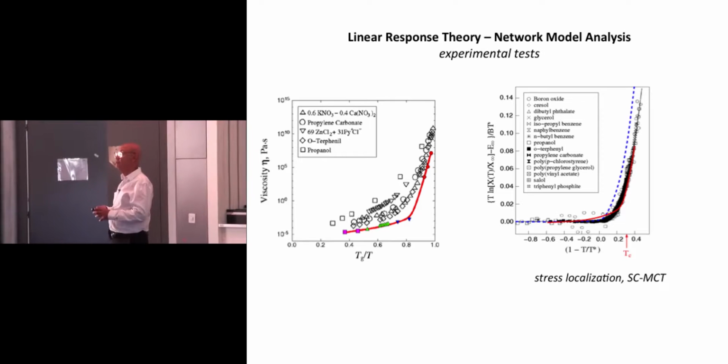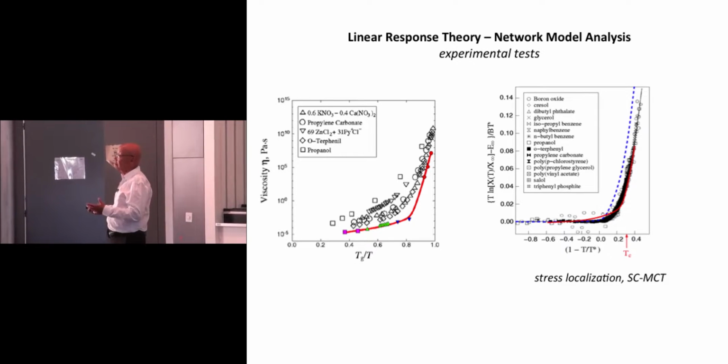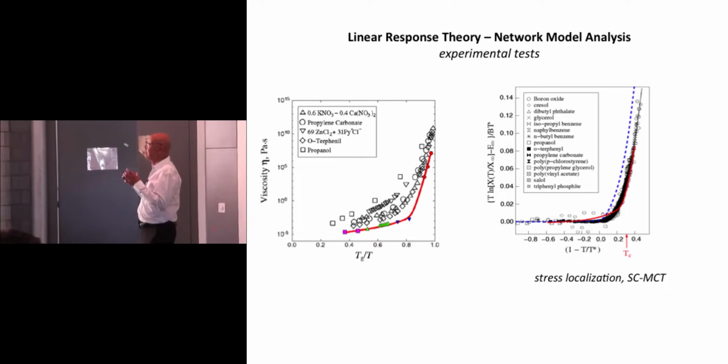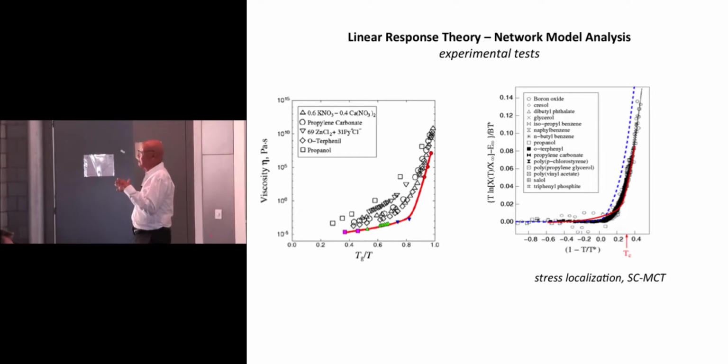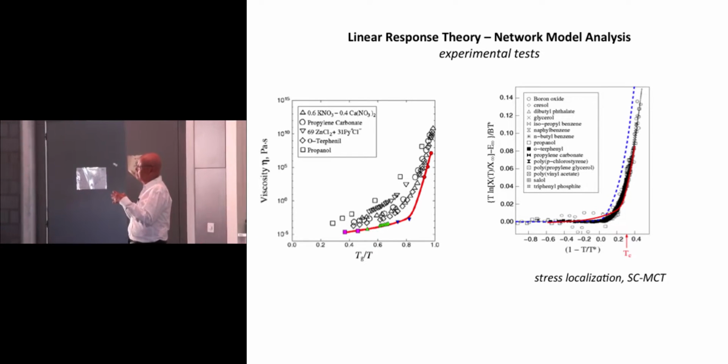Now that's maybe a little far-fetched, because what does localization mean? Here, what we have in mind is that when you quench the liquid to a low temperature, the liquid falls into a deep minimum, and that deep minimum means that you have to wait a long time before you can climb out of it.